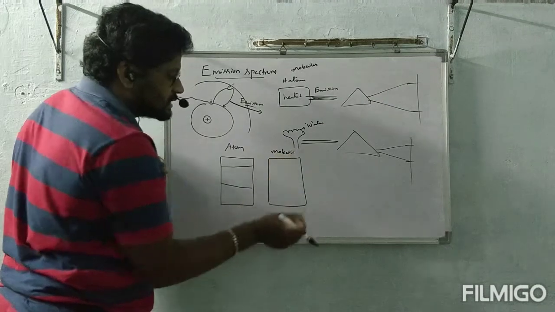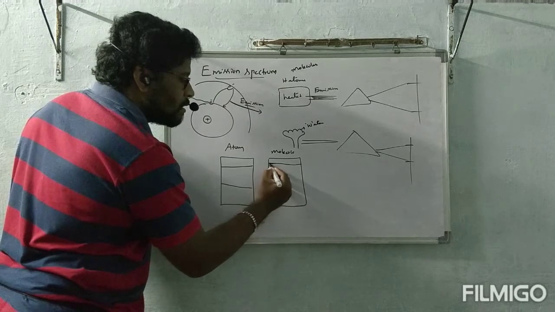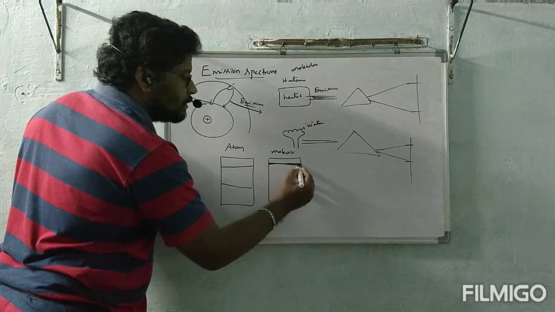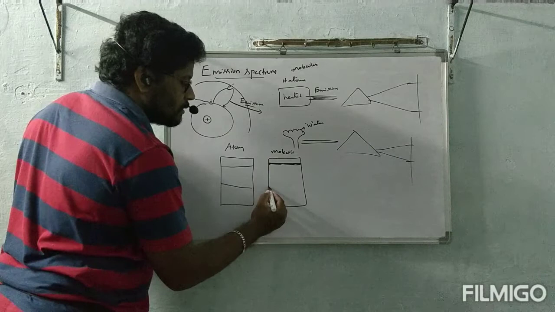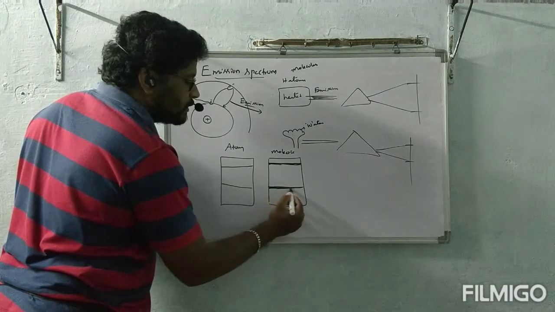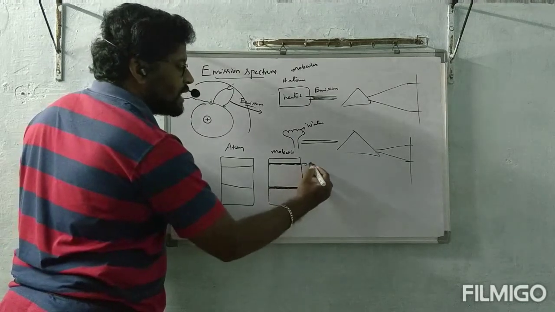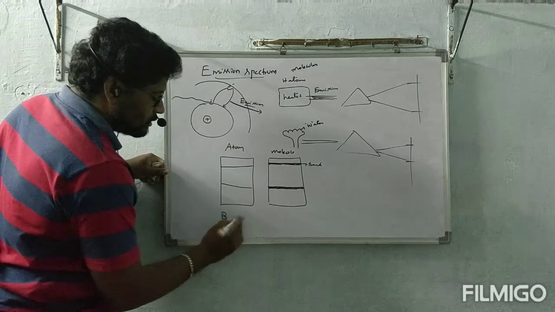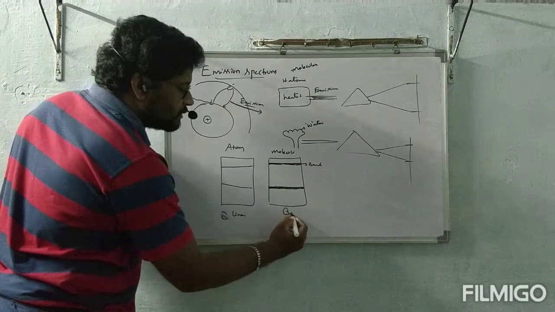Group of atoms means the resultant will be a group of lines, which appears as one band, a little thicker compared to the line. This is one band, and this is called band spectrum. This is line spectrum, and this is band spectrum.